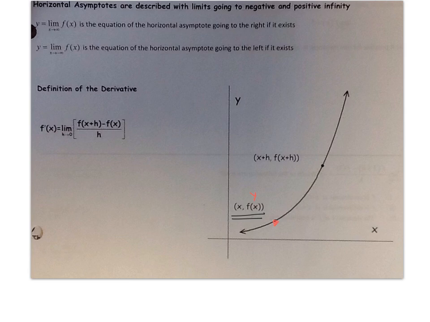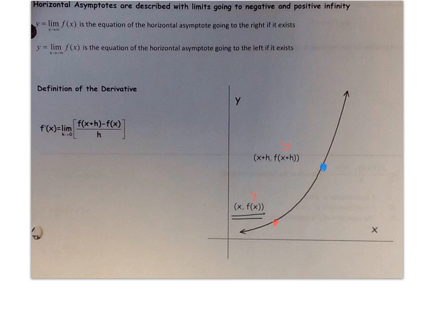And then I just move a certain distance over along the curve. How far is not so important. You can just say it's h to the side. You have x plus h because you've just scooted over h, whatever. It's kind of a random value. And then f of x plus h for the y value there, plugging x plus h in for x into the f function instead of just x.